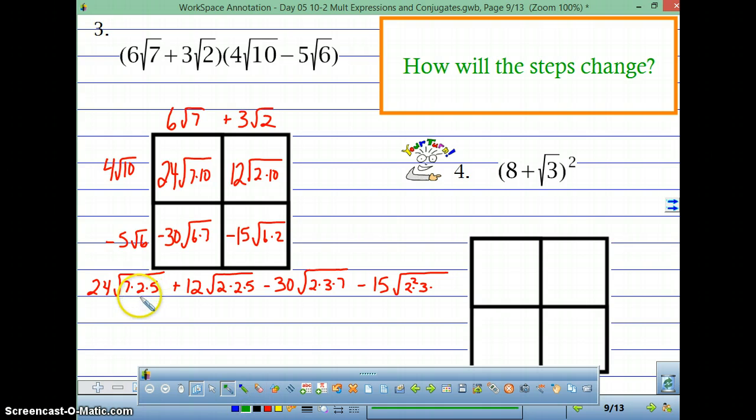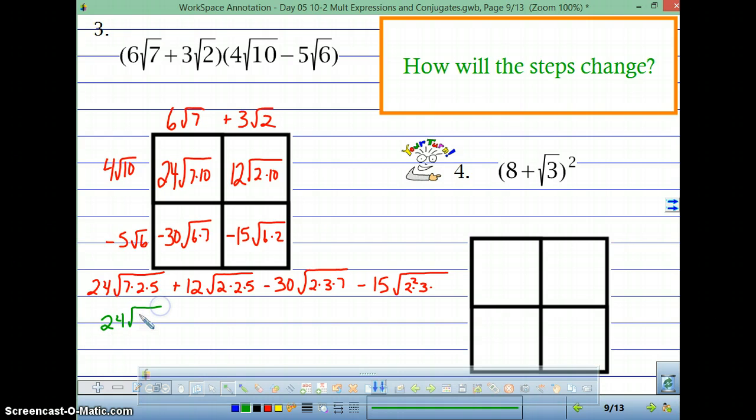Okay, let's look for some perfect squares. Any here? There aren't any here. So this one just simplifies to 24 root 70. There is a perfect square here. Let's take that one out. Square root of it. This becomes 12 times 2. And on the inside, we've got a 5 left over.